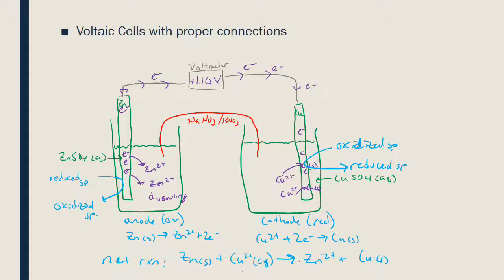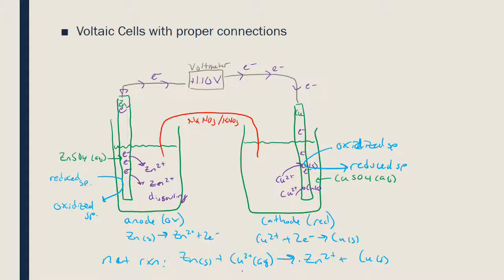So this is actually one way we can get pure copper out of a solution. But as you move through this voltmeter, so just take this as like a battery, as it moves forward, this is why batteries die. Eventually, all the zinc metal has essentially dissolved and there's no more copper ions to become solid copper, and therefore electrons have nowhere to go, so on and so forth, and the battery dies.